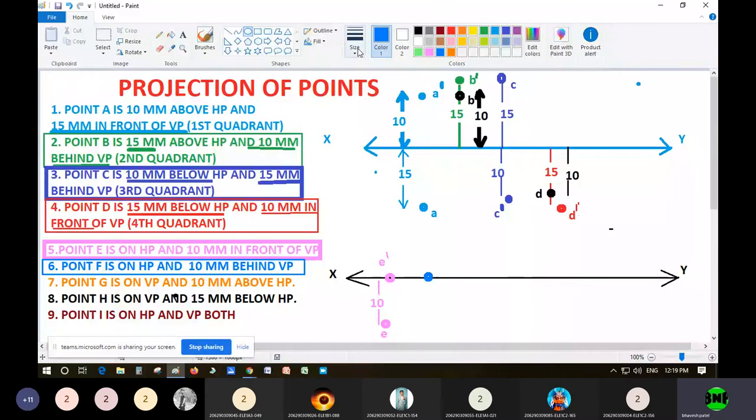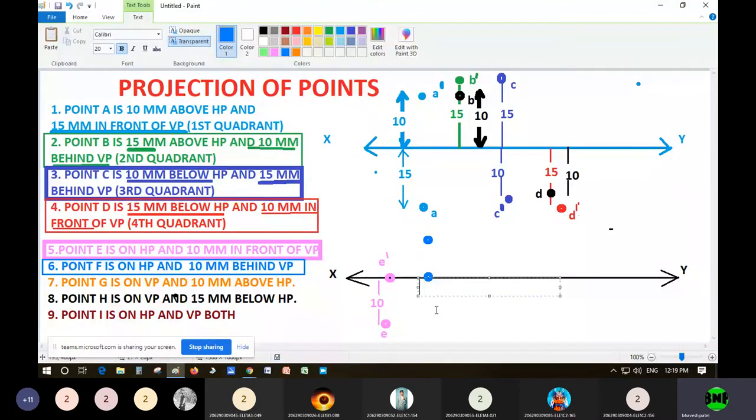10 mm behind VP. So that point will be behind, meaning it will be seen on the back side of the HP, and it will be rotated in the top view towards the upper side of XY. So this 10 mm will come on the upper side. So I will draw another point 10 mm above. Let me write the names. This was the first front view, so it will be F dash.